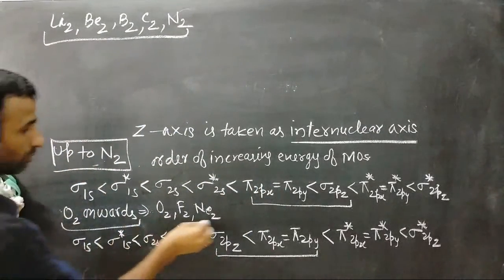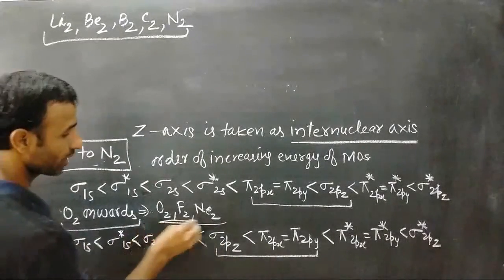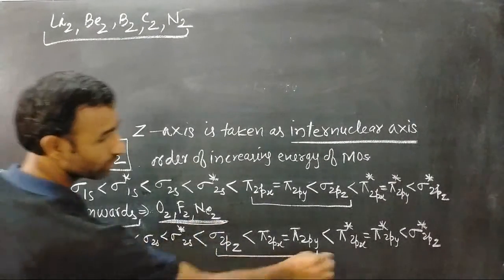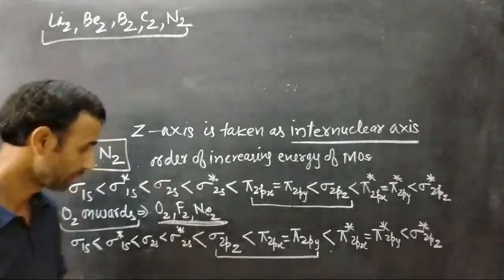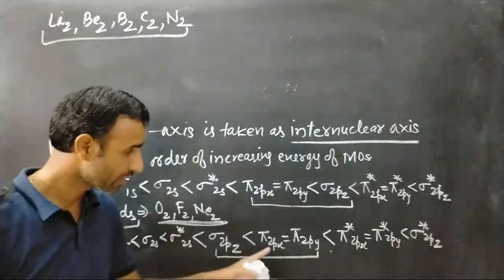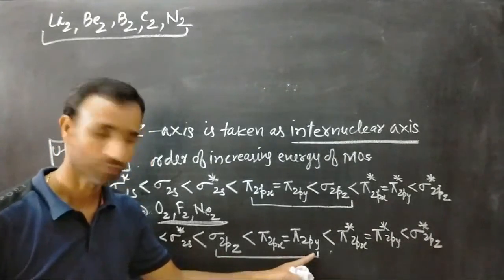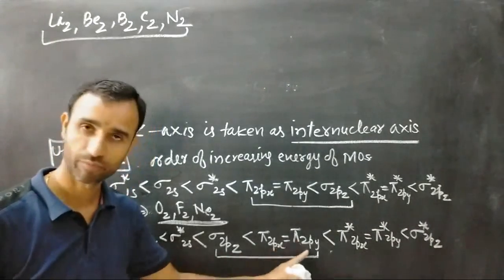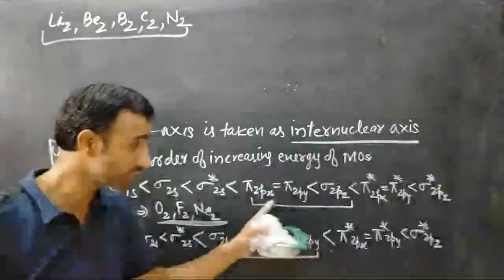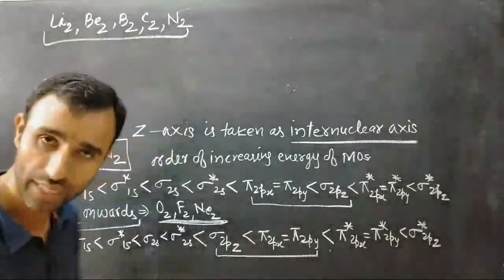And for O2, F2 and Ne2, when you fill electrons in them, you will follow this order. That means sigma 2pz is filled first and then pi 2px, pi 2py. In the earlier case, pi 2px and pi 2py, which are degenerate orbitals, are filled first and then sigma 2pz.